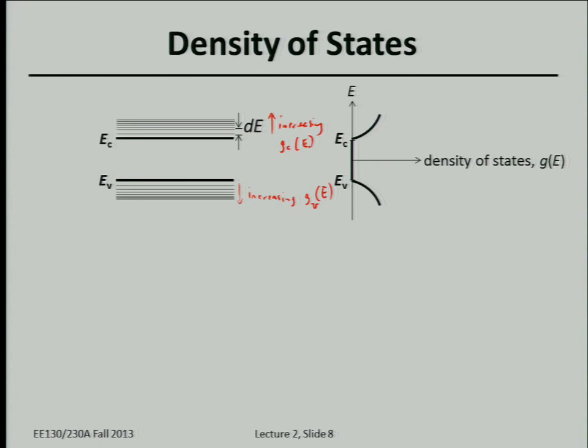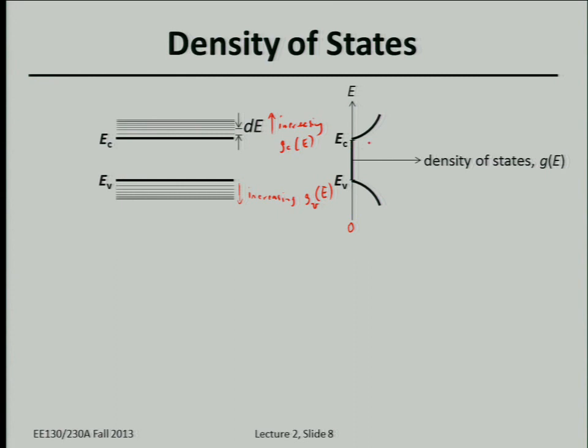If you plot the density of states, the number of allowed energy levels within a small range of energies, on a horizontal axis versus energy: first of all, you have zero allowed energy states in the band gap. You can only have allowed energy levels within the valence band or the conduction band. Anything in between has no allowed energy levels, so you have zero density of states between the valence band edge and the conduction band edge.